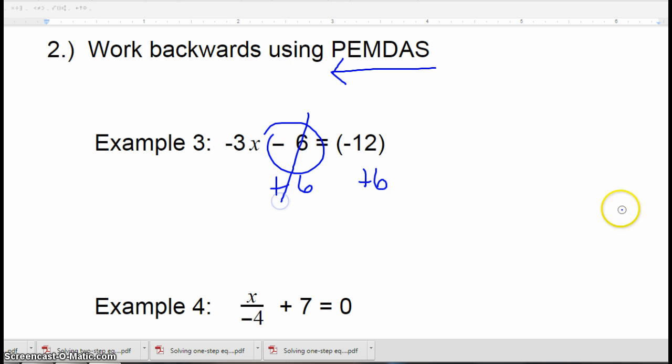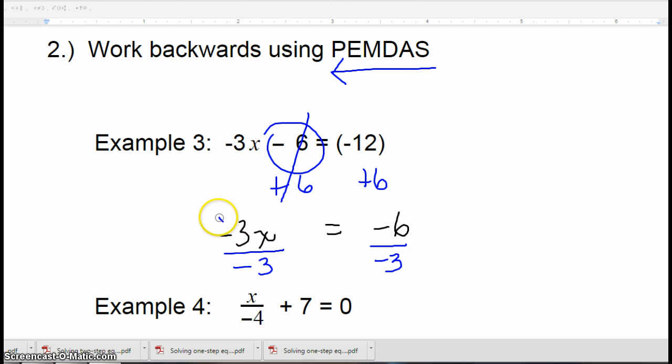These will cancel, and I'll be left with negative 3x equals, let's see, negative 12 plus 6, that's negative 6. So now I'm looking at negative 3 times what number gives me negative 6? Since this is negative 3 times the variable, I will divide by negative 3 on both sides of the equation.